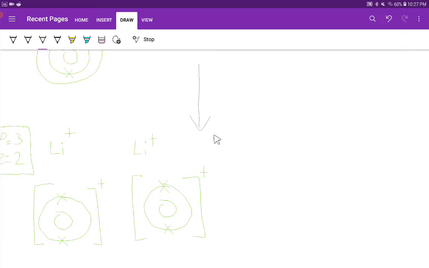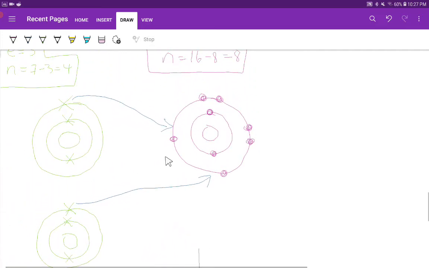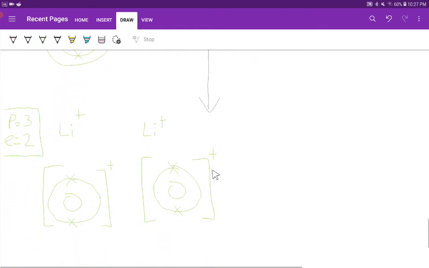So we have to draw our 2 lithium ions. Next, let's look at the oxygen. Now the oxygen atom here gained an electron from this lithium and it also gained an electron from this lithium. So let's draw the ion that was formed now.